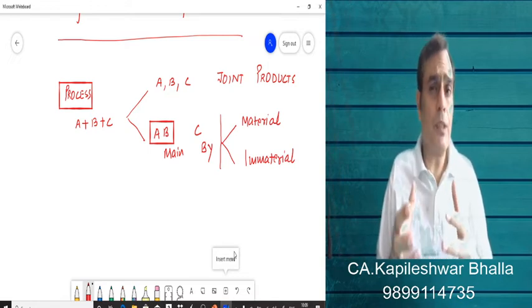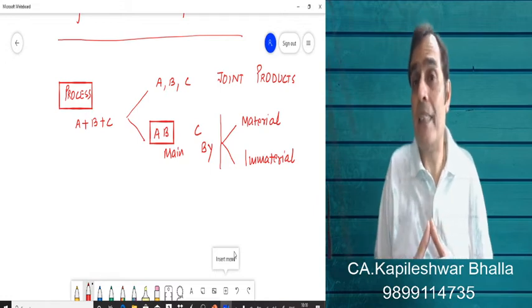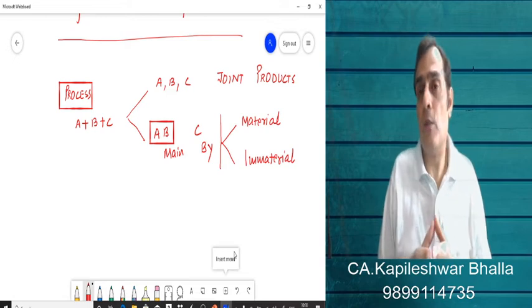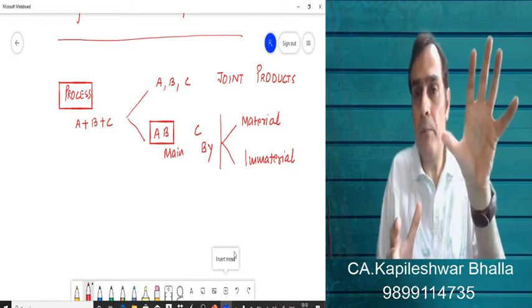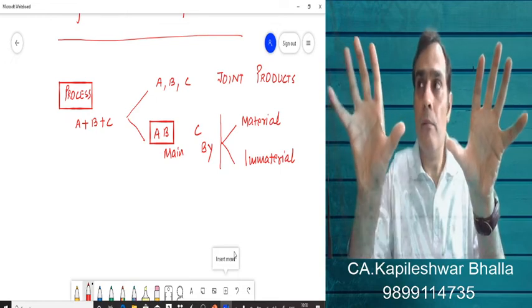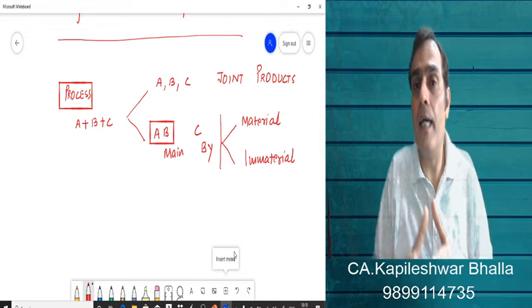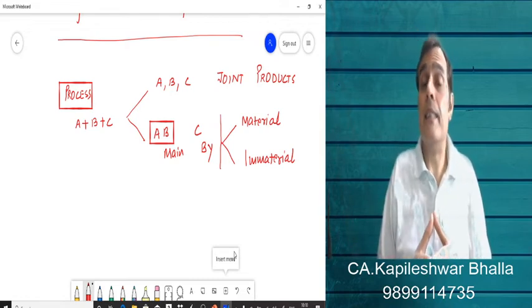So C becomes a byproduct when you compare it to A and B. But otherwise, independently, C may have a good economic value. So once we zero in that A and B are main products and C is a byproduct because C compared to A and B is not of that high economic value, it might otherwise still be material in nature.